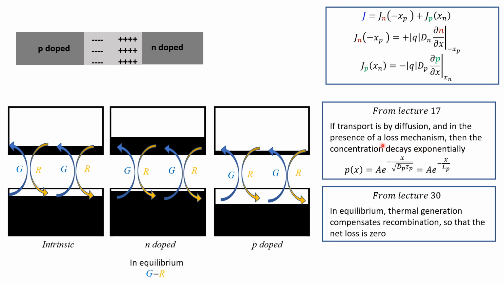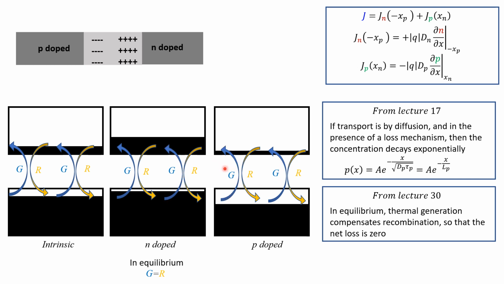Besides having a loss mechanism, we also have generation, a gain mechanism. Recall from lecture 30 that we briefly discussed that when the semiconductor is in equilibrium, we still have a recombination rate. But this recombination rate is compensated by the opposite process, which is the thermal excitation of electrons from the valence to the conduction band.